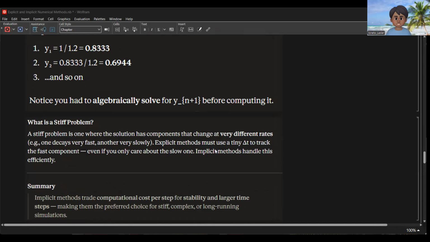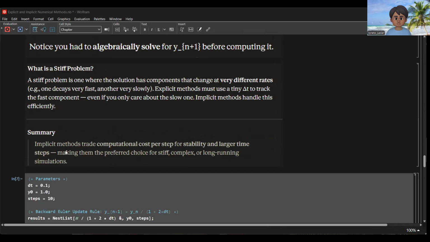So the explicit method must use a tiny delta t to track the fast component, even if you only care about the slow one. Implicit methods handle this efficiently.